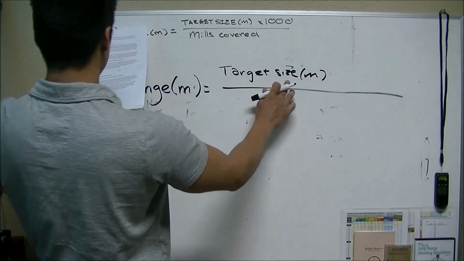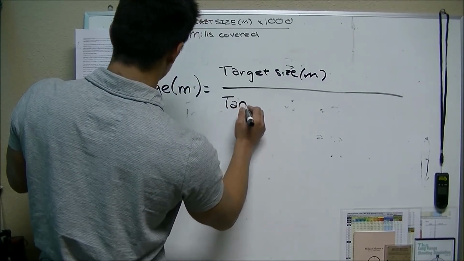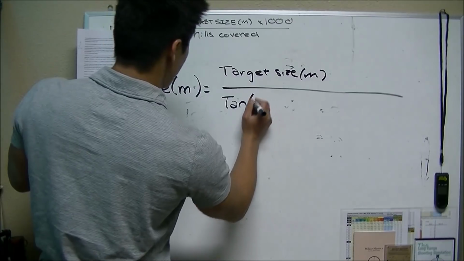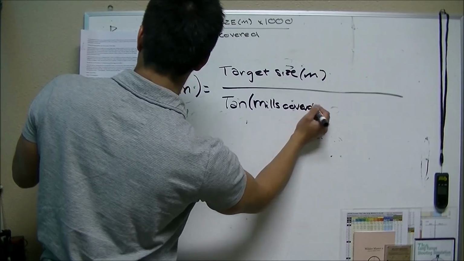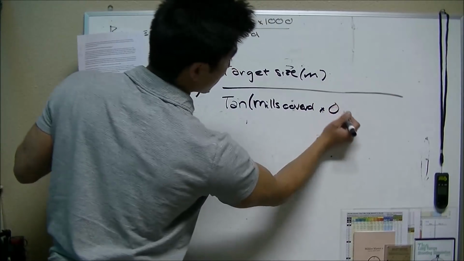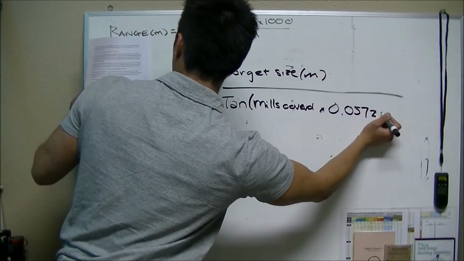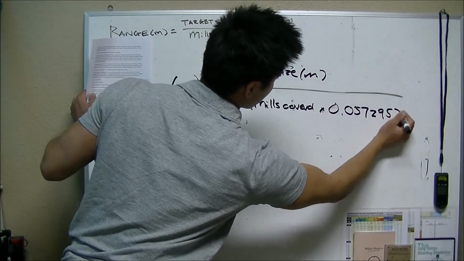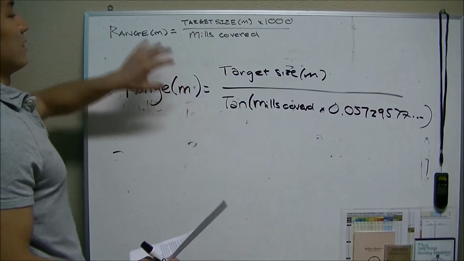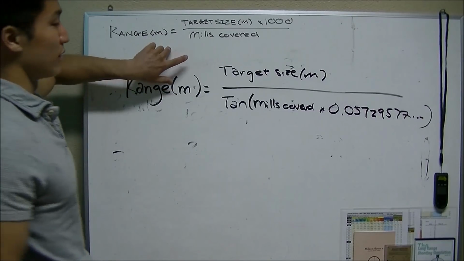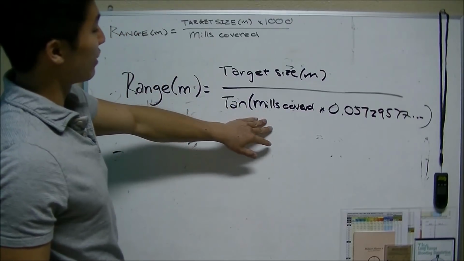So target size right there is going to be tangent of mils covered multiplied by 0.05729577, etc. There we go. And that will give you the same range as this one. But this one is obviously much easier to memorize, but I just want to hit it home again.